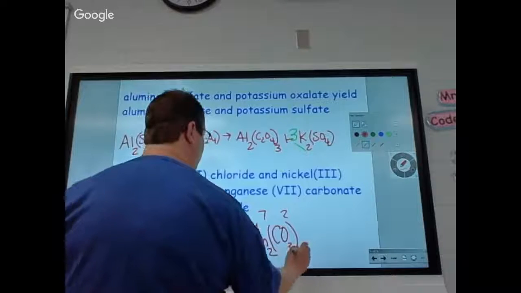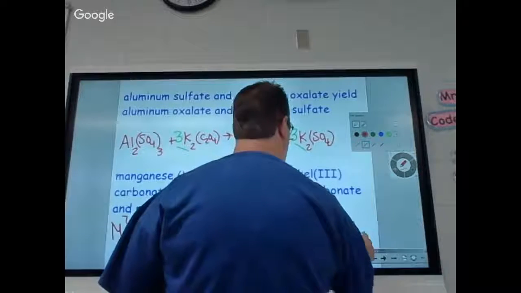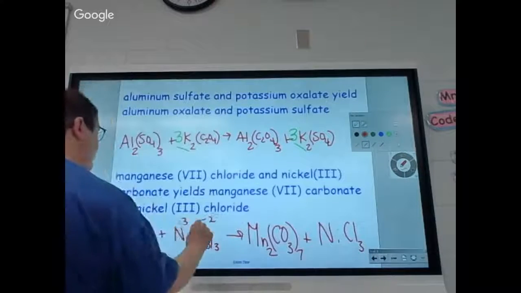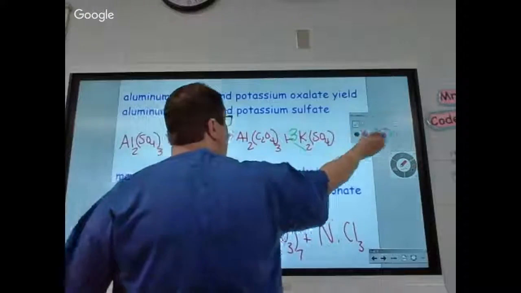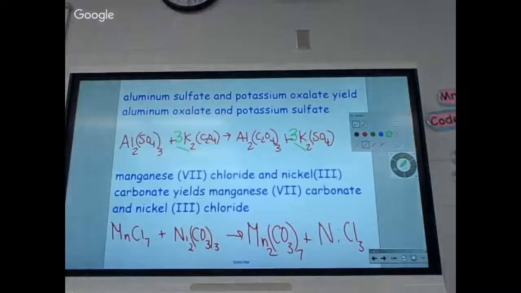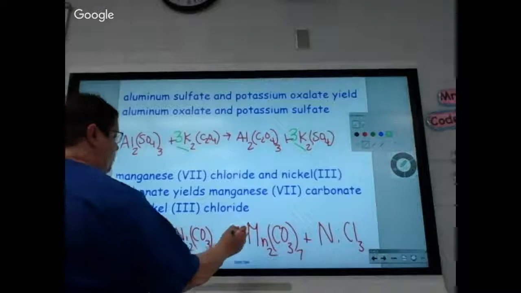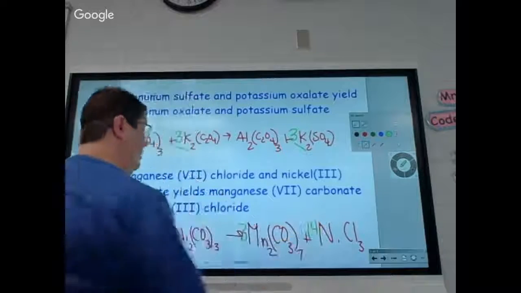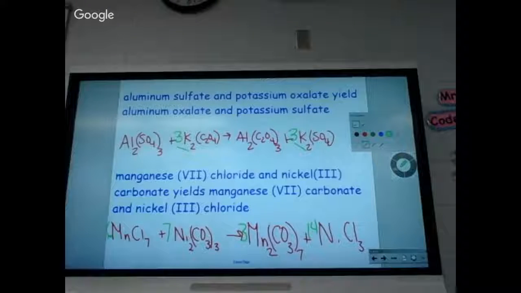We have a 2 and a 7 plus nickel 3 chloride. Get rid of these, and those. All right, so from there, what do you want to balance first? Carbonates, 7, 3, 6, 14. Any questions? Everybody feel okay about word equations?